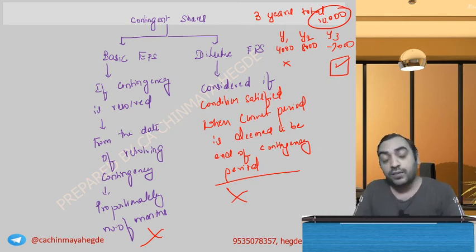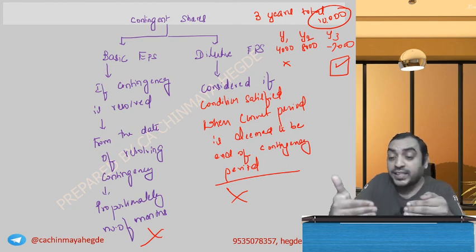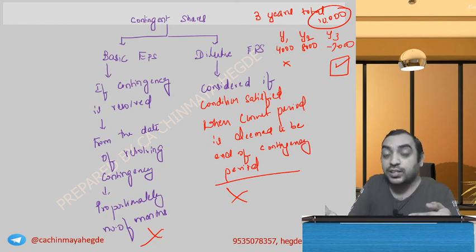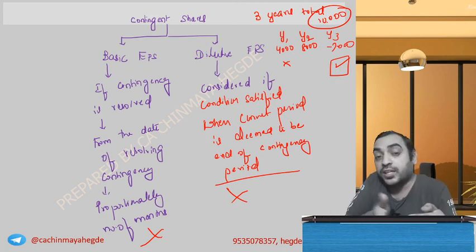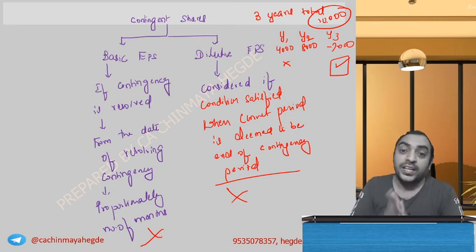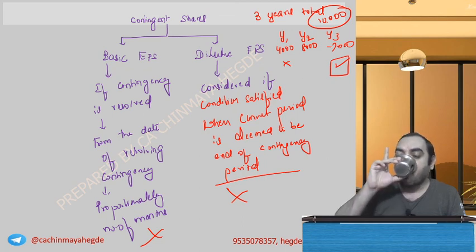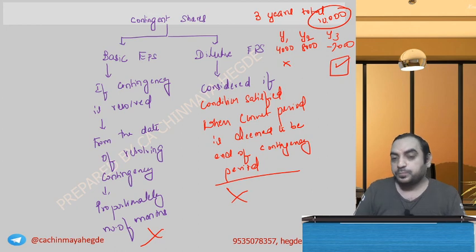You consider diluted EPS when, at the end of the financial statements period, deemed to be the end of the contingency period, you would satisfy the condition and be expected to issue. If yes, include in diluted EPS. Otherwise, don't include in diluted EPS. Hope you are clear in this aspect.